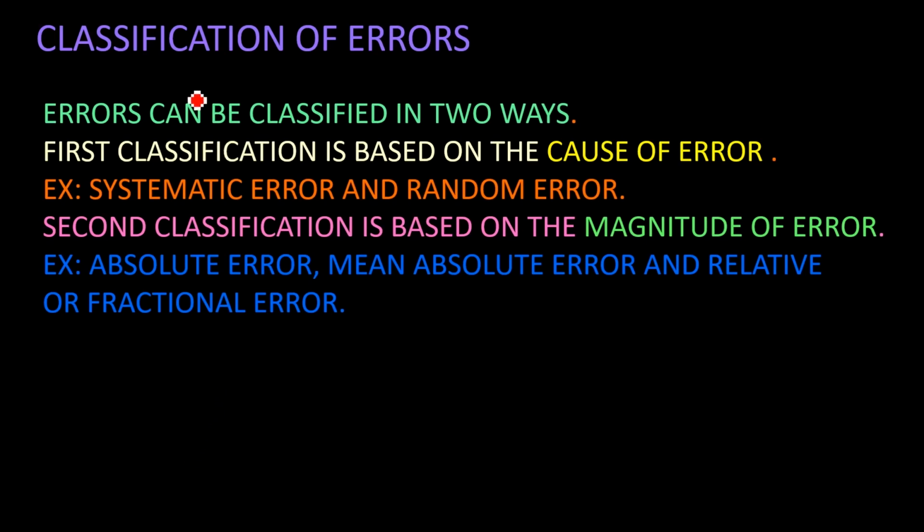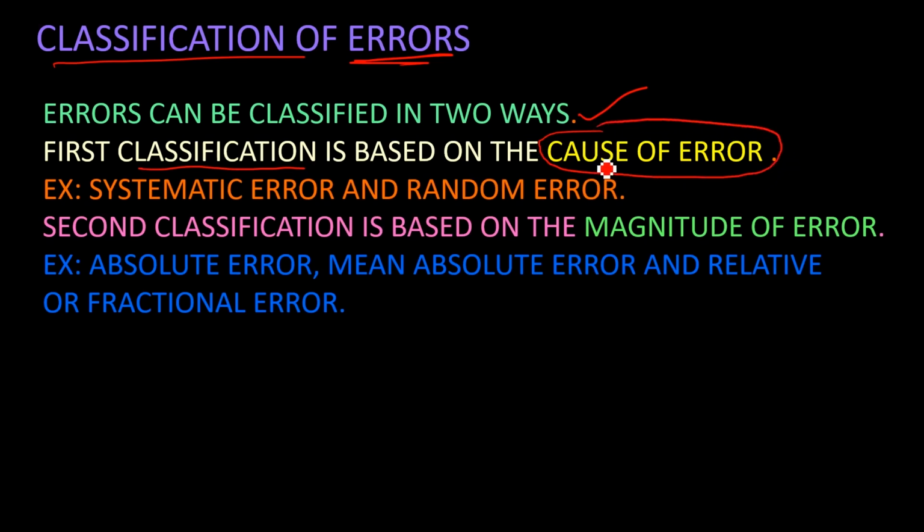Now we will go to the classification of errors. Based on what can the errors be classified? Errors can be classified in two ways. So how many ways? Two ways. Very good. What is the first classification? The first classification is based on cause of error.